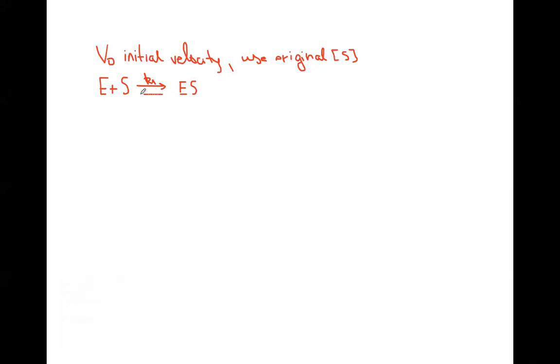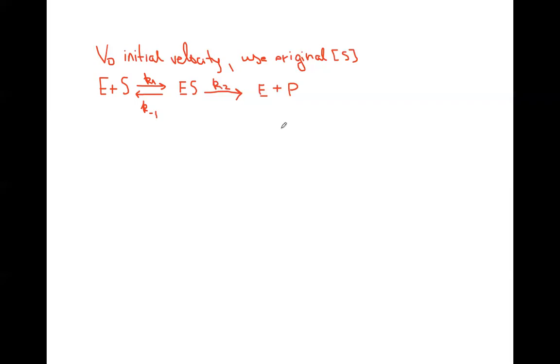The complex can form, and the complex can fall apart. And then once the enzyme substrate complex is formed, the reaction can occur with some rate constant K2 to give the enzyme and the product. Okay.